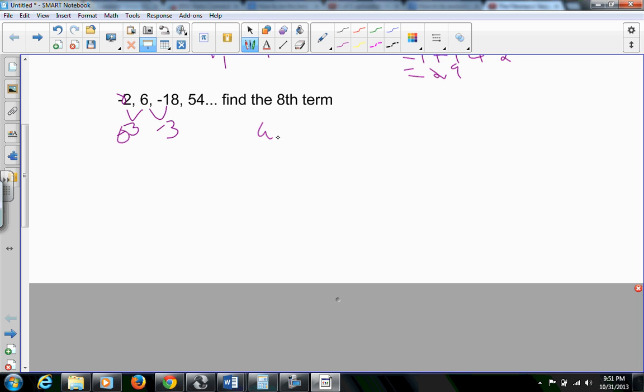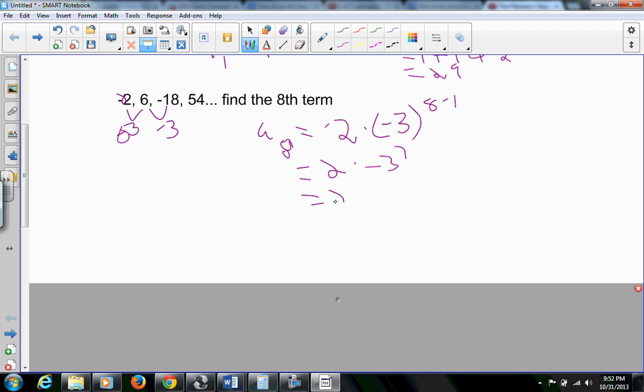So we know that a sub 8 would then be equal to -2 times my r value, which is -3, and I put that in parentheses, to the 8 minus 1, which is 7. I say that's equal to -2 times -3 to the 7th power.